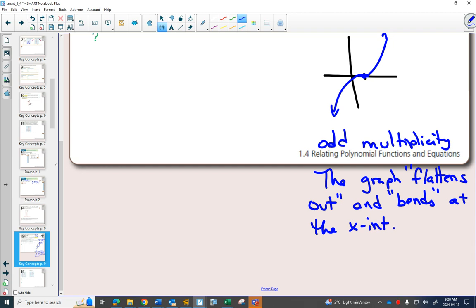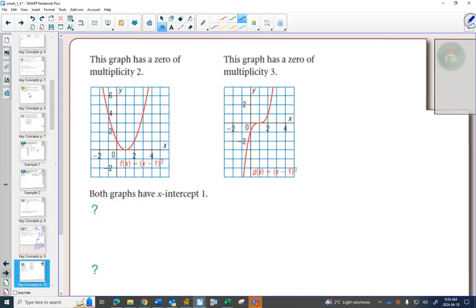If an intercept has an odd multiplicity, then the graph flattens out and bends at that point. And so you are going to be able to graph example 3 really quickly using this idea.